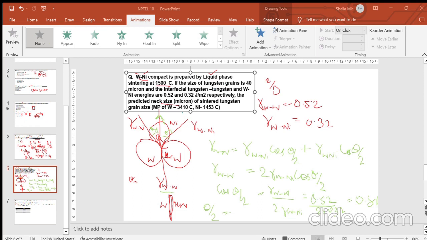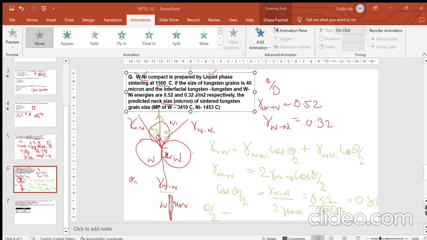So your neck diameter will be, no, I think it will be 23.28.